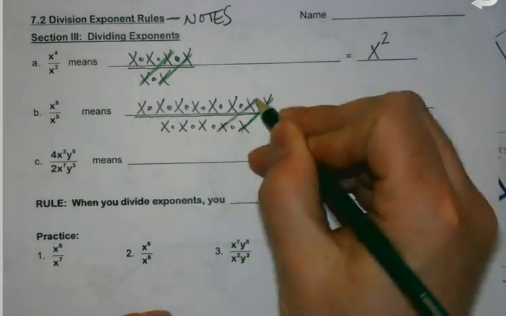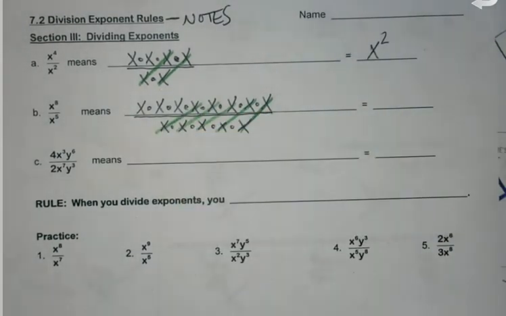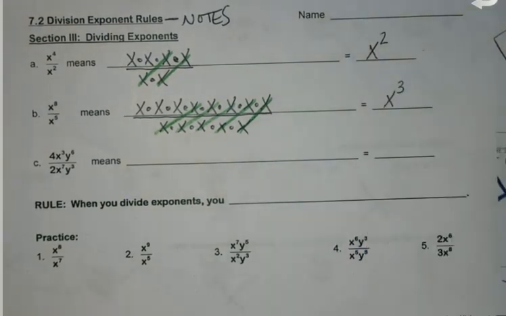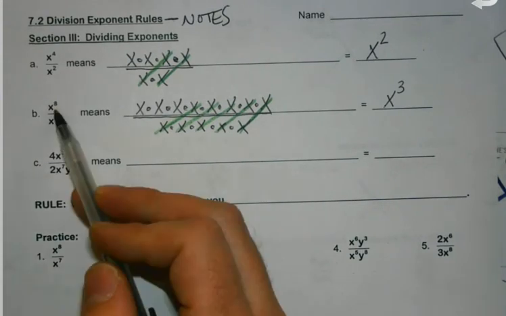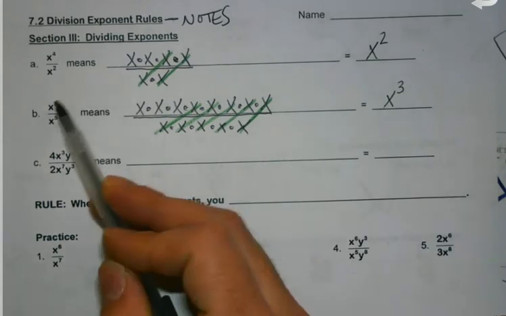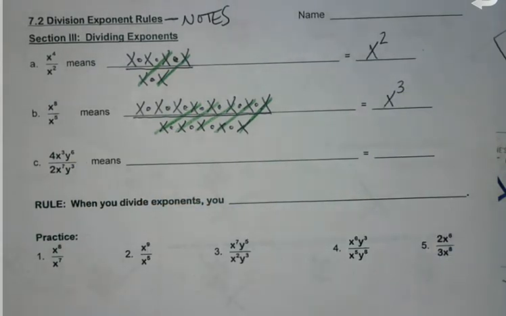If I start wiping them out until I run out, I've got 3 left, so I've got x to the 3rd, but it's up in the numerator. Now I might start getting an idea of how this works. 8 divided by 5 isn't 3. 8 minus 5 is 3, though.